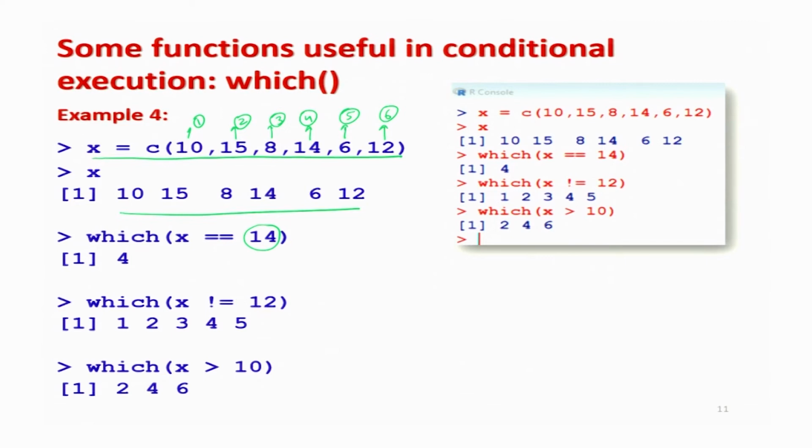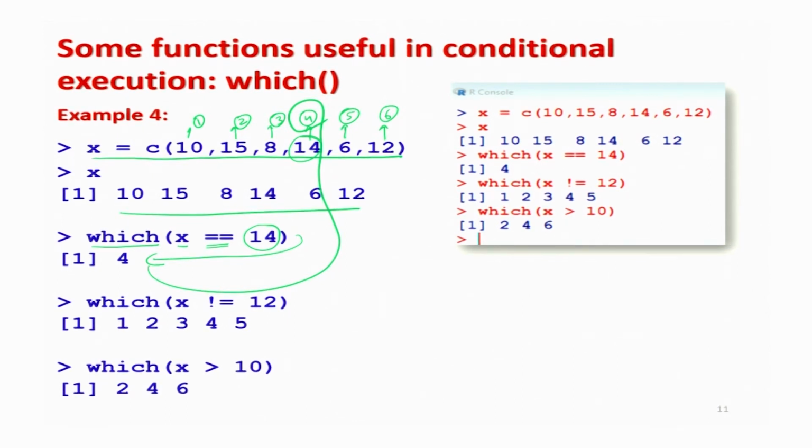So, you want to know the position of the number 14 in this data vector. You write which, and inside the parenthesis x with the logical equal, that means two equality signs, equal to 14, and this will give you the answer 4. So, what is this 4? This 4 is the location, right.